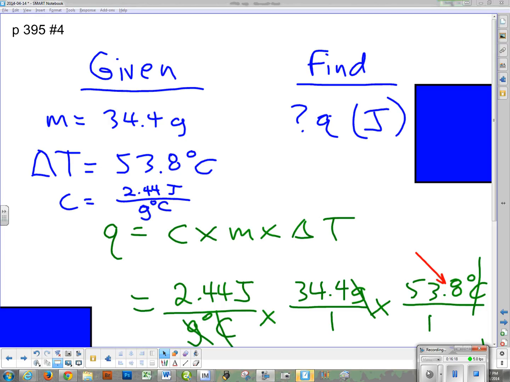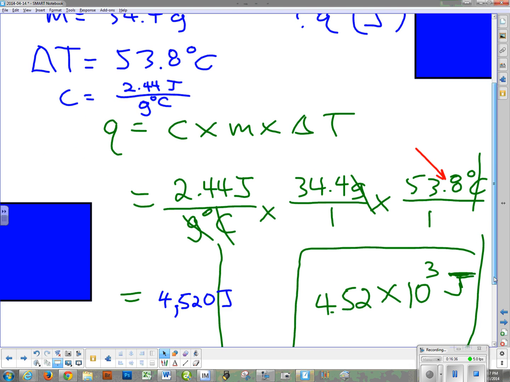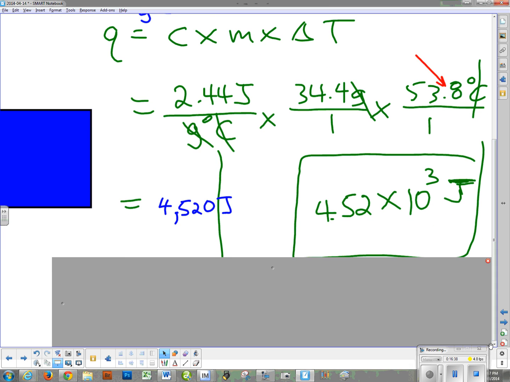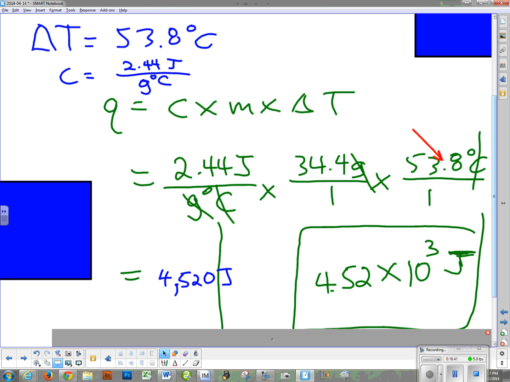You notice that was liquid. When you get solid or gas, the specific heats will change as you go from solid to liquid to gas. It's called a heating curve, and it's different for every substance. So when we're done, we come up with the joules that you get when you multiply these together, and you get this on your calculator.